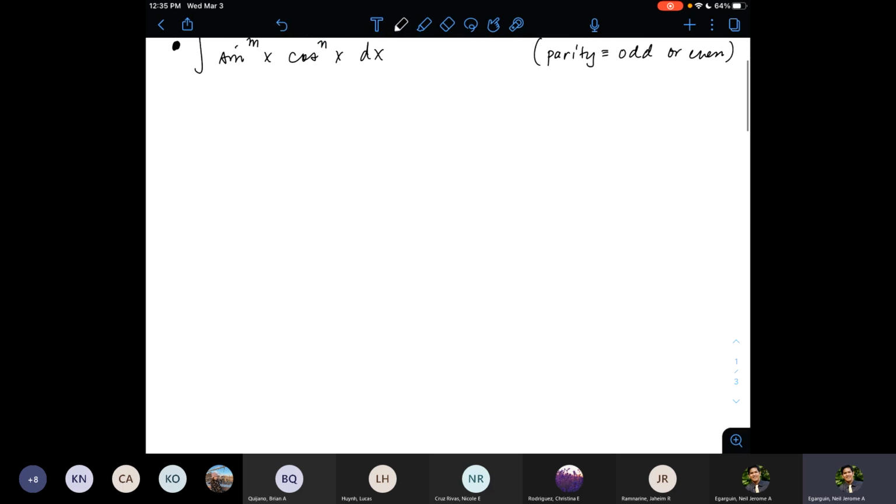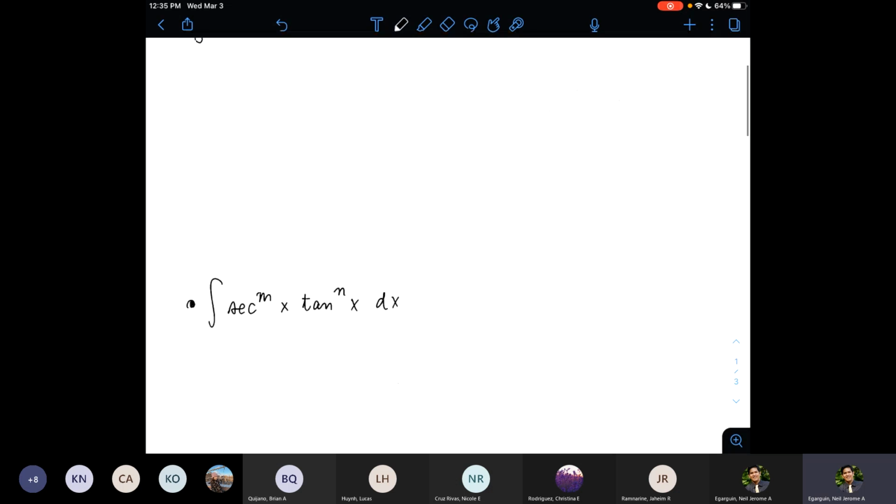And then the second case that we'll consider would be powers or products of powers of secant and tangent. But the same method also works for cosecant to the m x, cotangent to the n x dx.